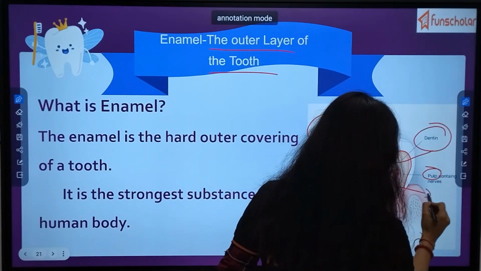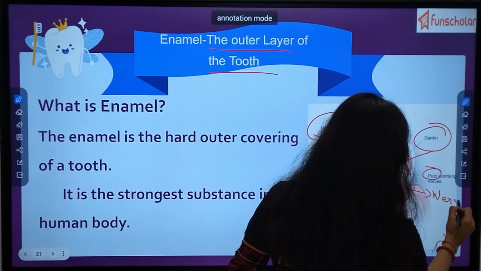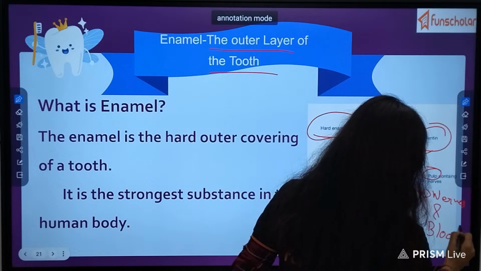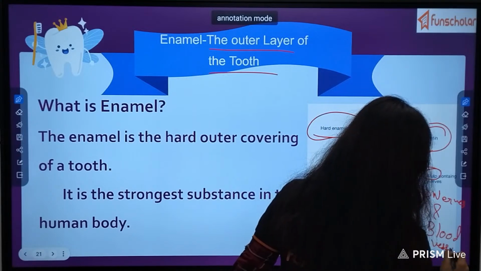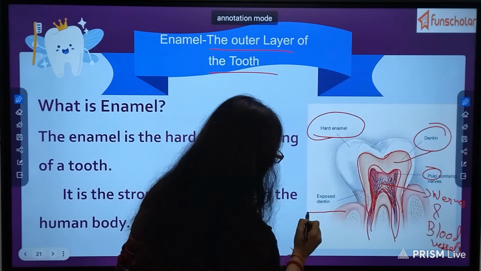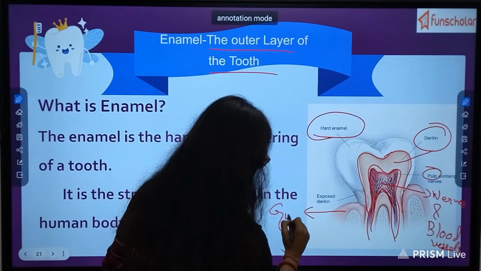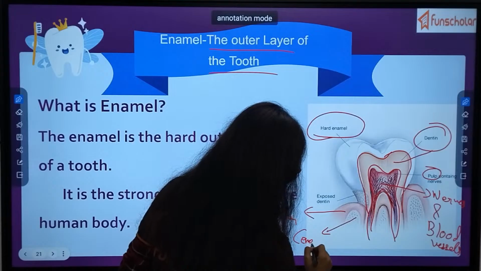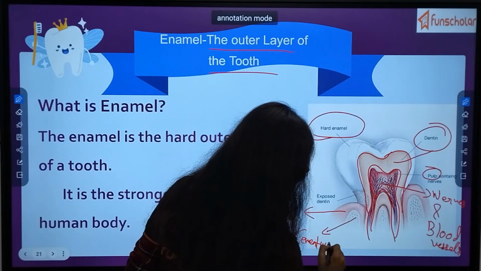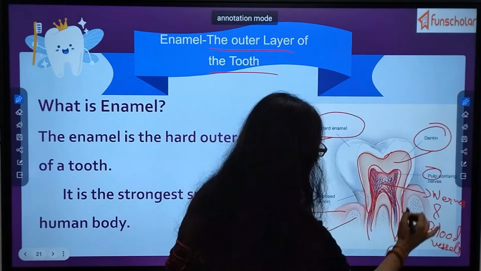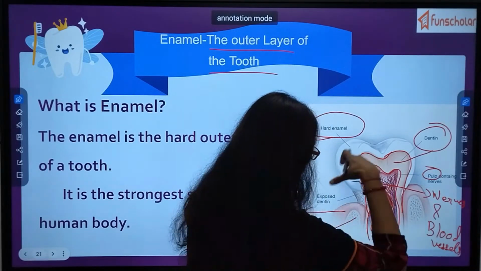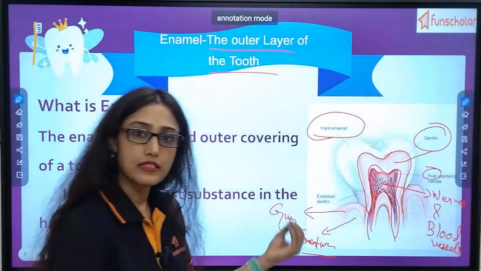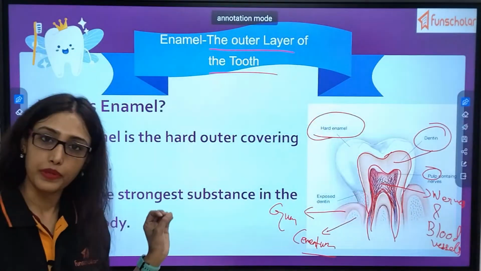It has nerves and blood vessels. And this pink part is the gum and this is the cementum, which helps the tooth to get fixed in the gum, right?